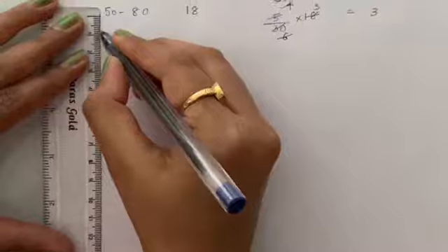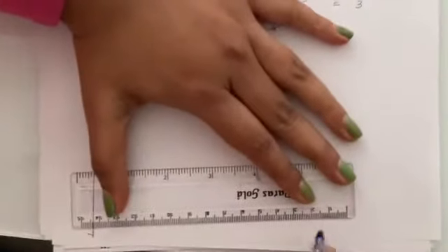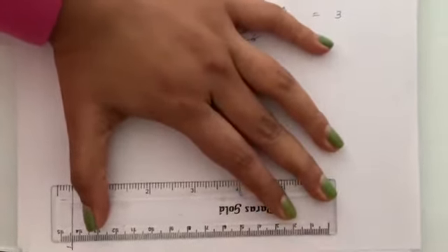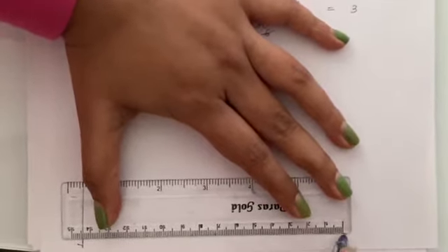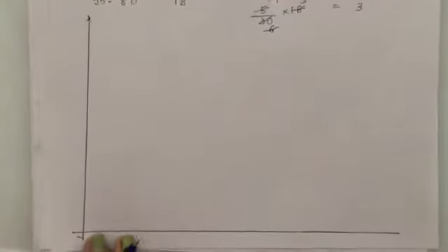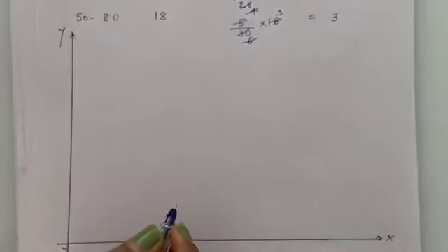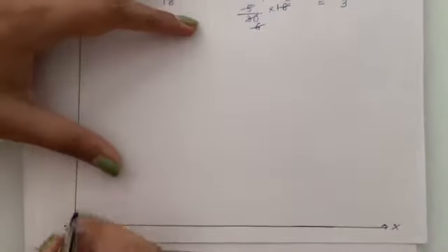Okay. So I will draw, or I can show here only. Why waste paper, right? Save paper. So this is the axis. You have to draw this on graph paper. This is your x-axis, this is the y-axis. So your class intervals will always be on the x-axis.